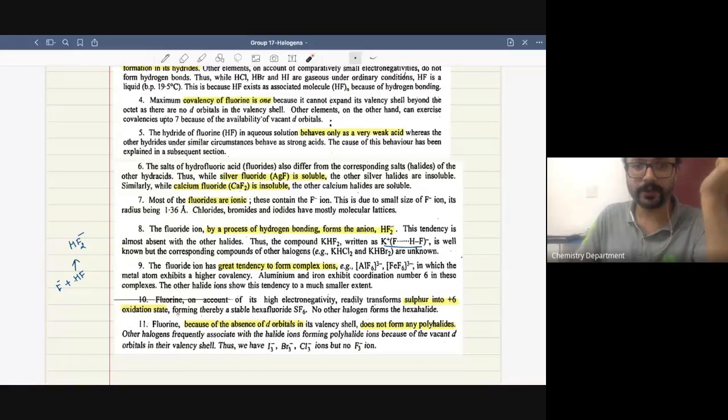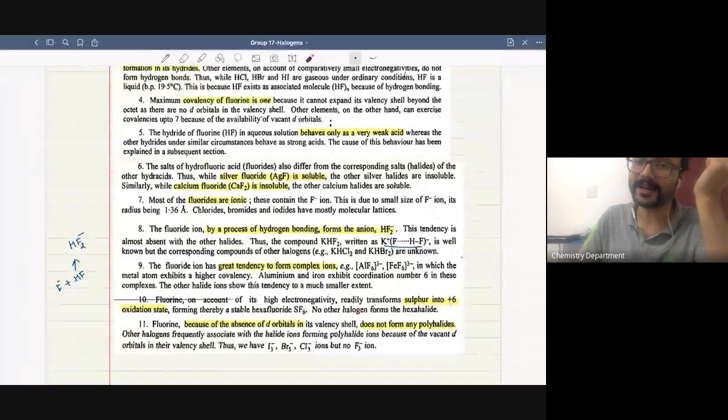Now, an important thing that you should note is that the compound SF6 is possible only with the fluorine atom. Other halogens like chlorine and bromine cannot oxidize the sulfur to the higher oxidation state of +6.